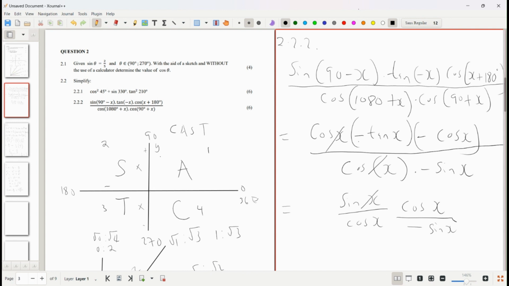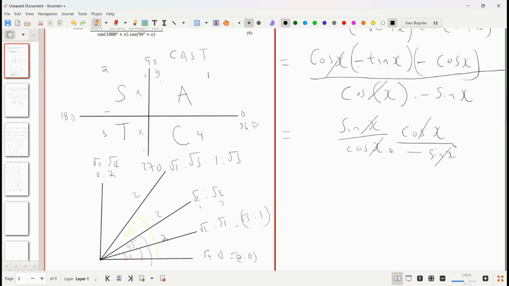The sine can cancel here, and then the cos can cancel here. What do we have left? We are now left with negative 1. So negative 1 is the final answer here. Thank you.